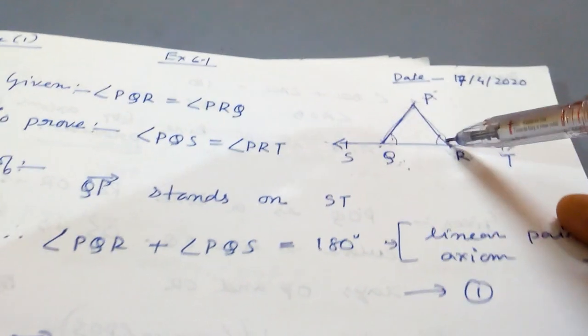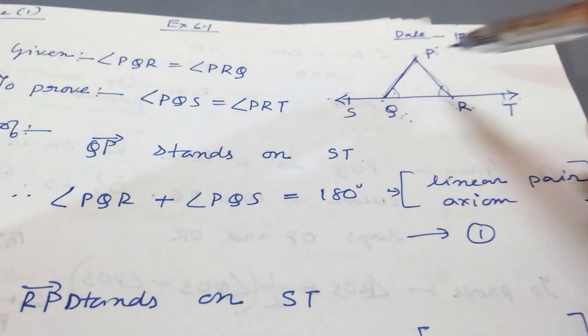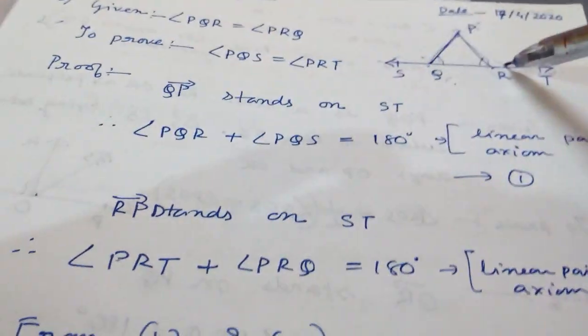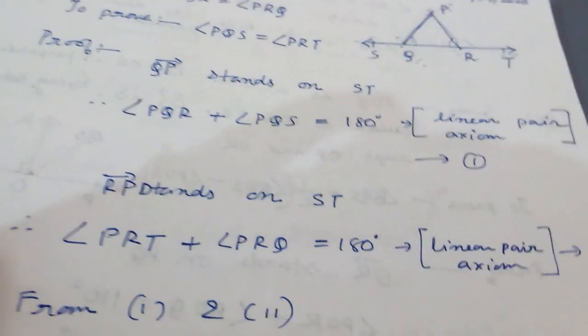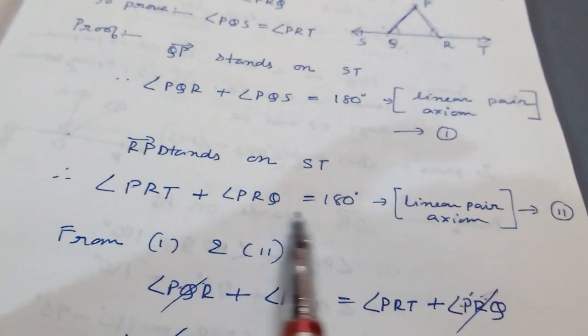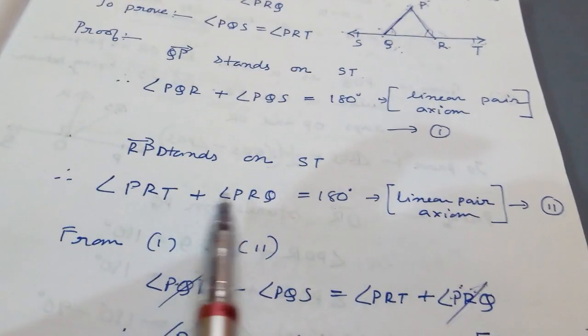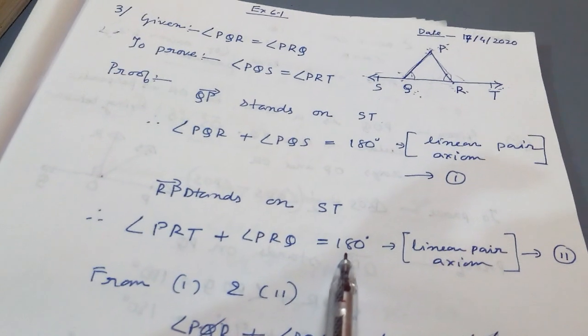Again PR stands on ST. PRQ plus PRT is equal to 180 degrees. This one and this one. RT stands on ST, therefore PRT plus PRQ is equal to 180 degrees.